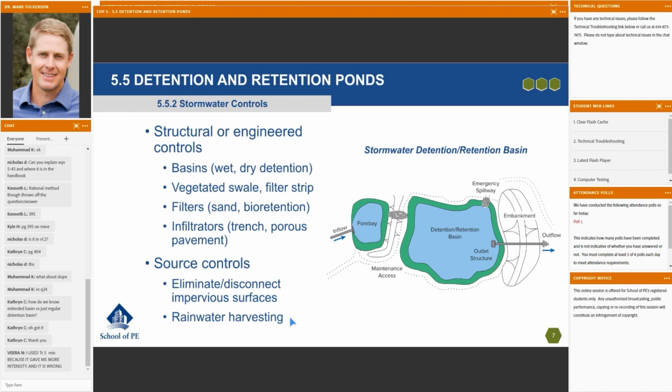Or let's try to capture the rainfall before it hits the ground. Sometimes I've seen rooftops that are vegetated that can capture and soak up some of that rainfall. So a lot of different things. For us, though, and for the PE exam, we're really going to focus on these detention basins.